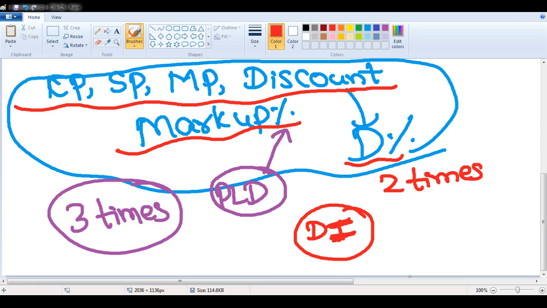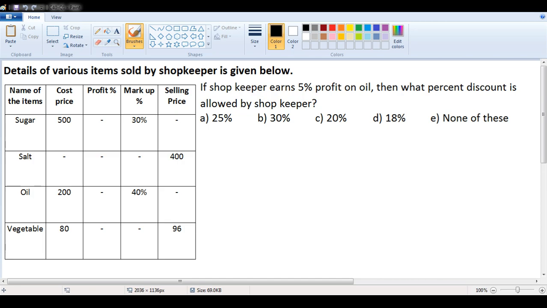People who are very clear with all these terminologies, I think you should be very clear with the next question also. See here. Very easy caselet. Easy only when you know all these terminologies. See here, sir. This is the caselet.